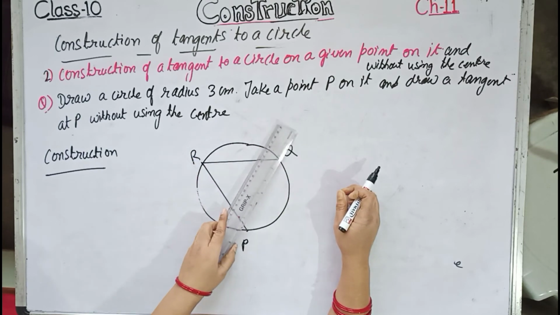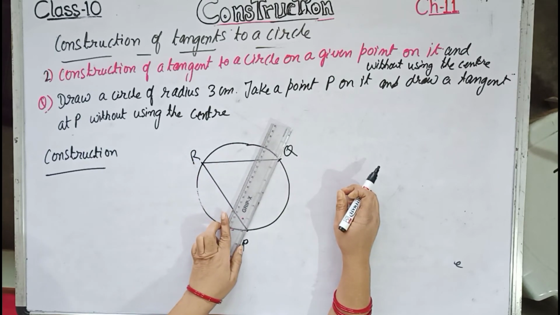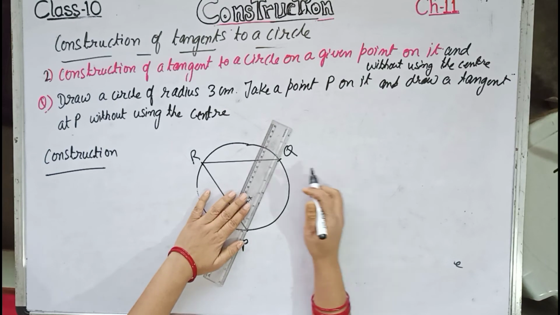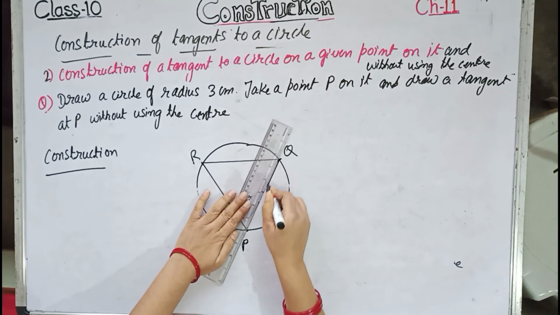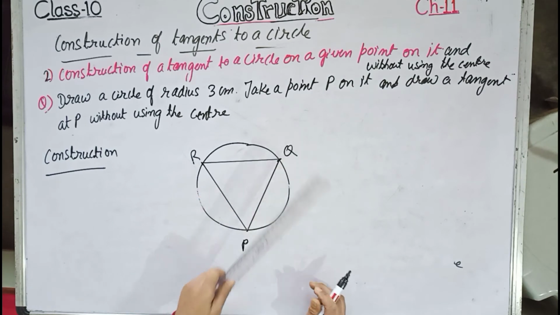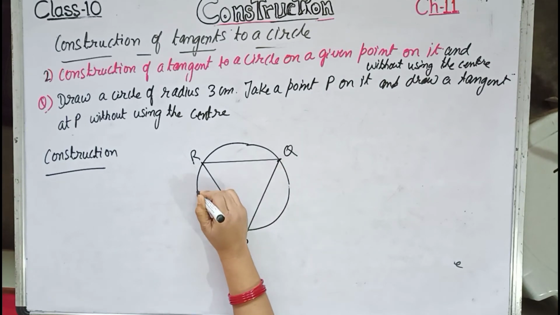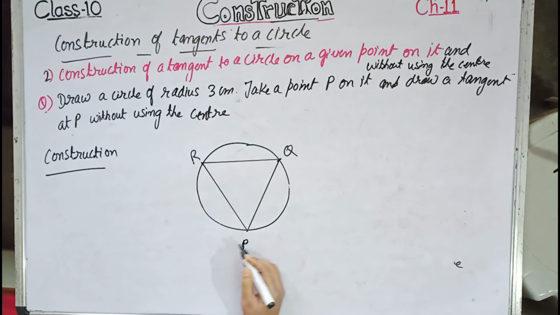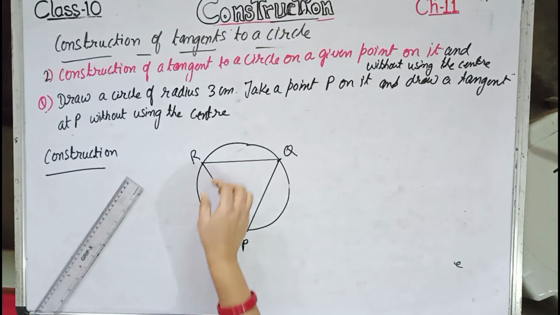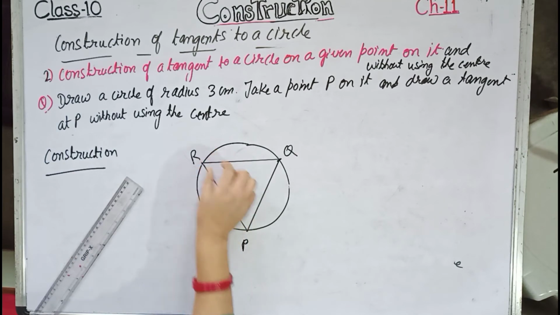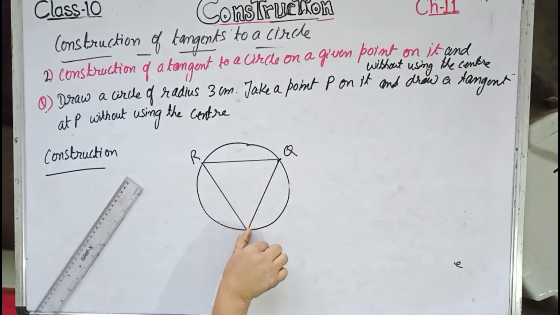We will be using the alternate angle concept, that is exterior angle equals interior opposite angle in the alternate segment. So over here now take a compass and draw an arc over here.